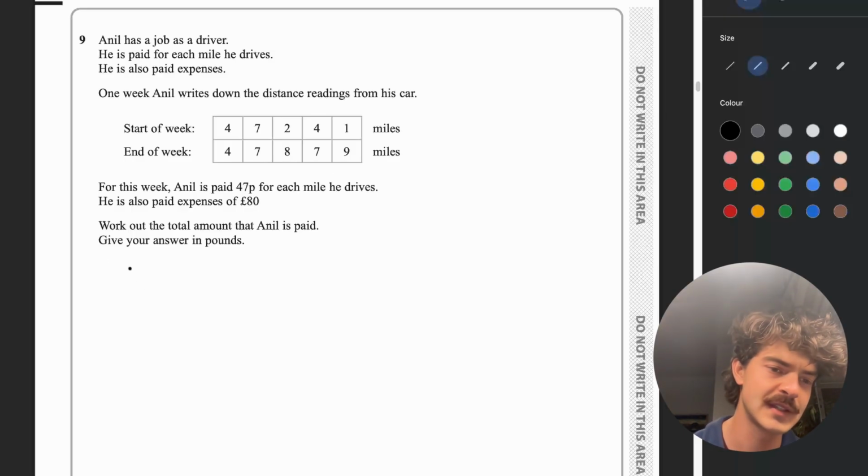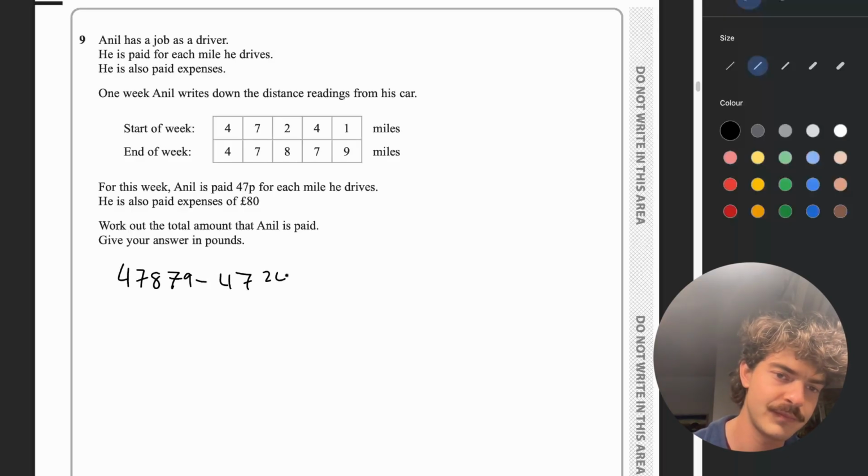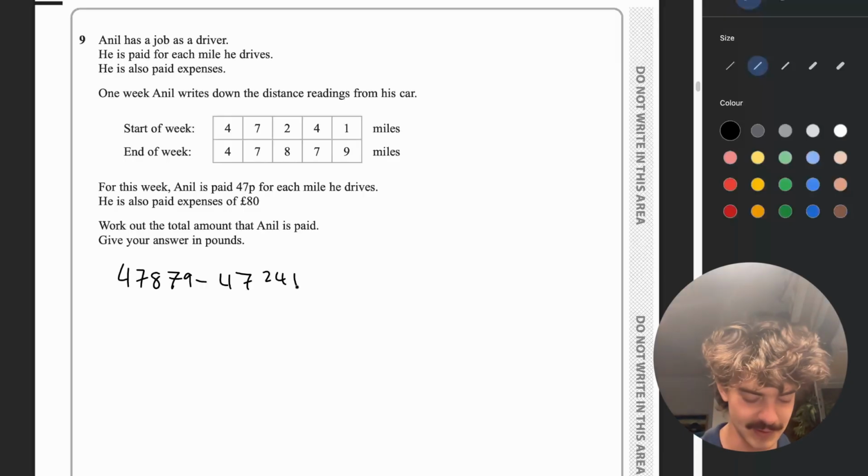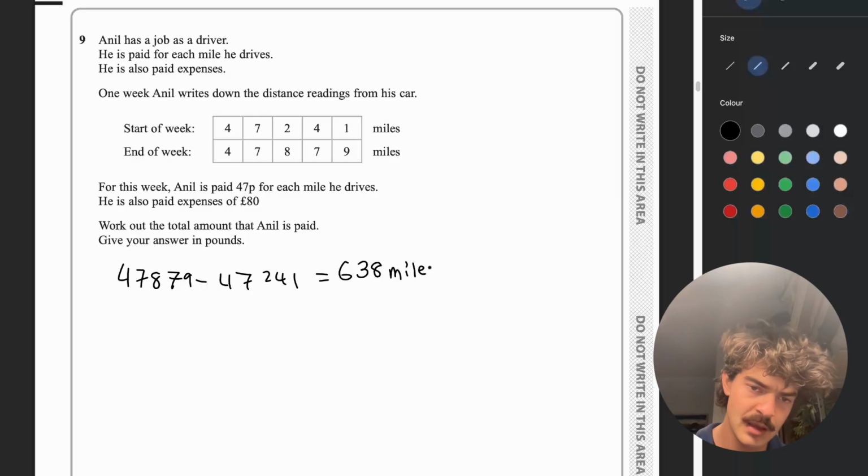So let's have a look at this. The distance he's travelled is going to be the end of the week minus the start of the week. I can't do that in my head. So that's going to be 47879 minus 47241, 638 miles. Now, he gets paid 47p for each mile.